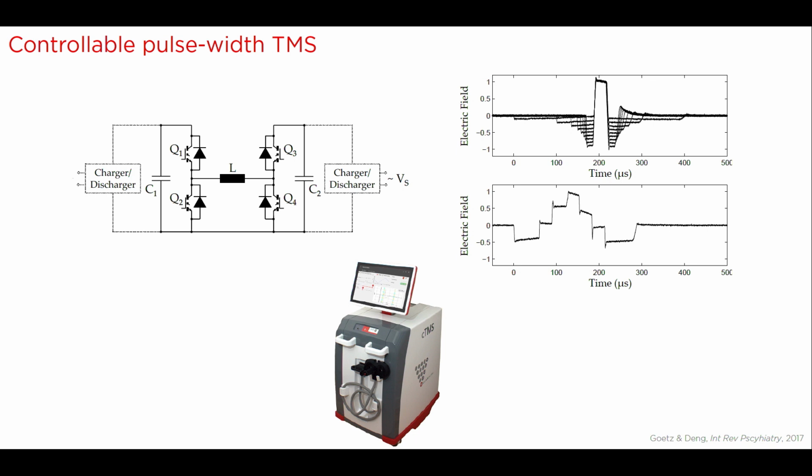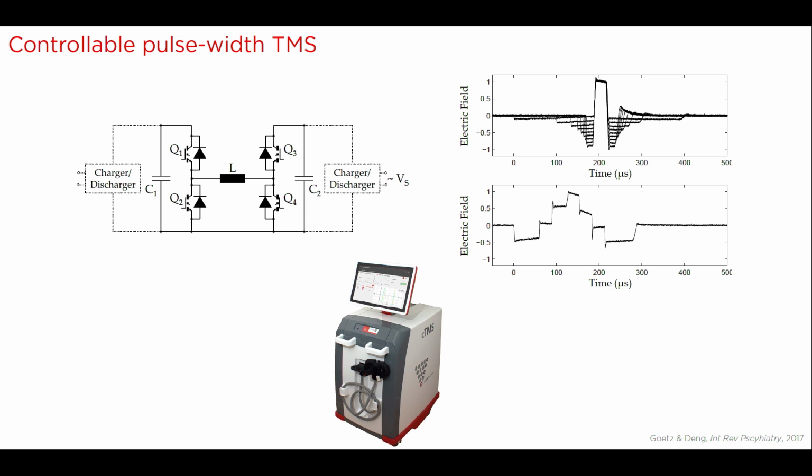near square pulses. And this is the work by Angel Peterchev at Duke University. This is the so-called controllable pulse width TMS, using insulated gate bipolar transistors to very sharply switch on and off current so that you can produce very sharp edges in the electric field waveform.